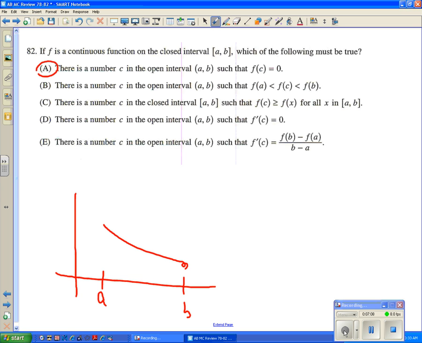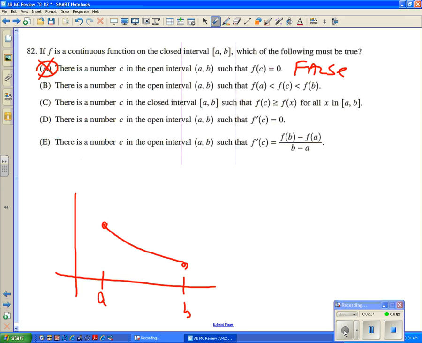I mean, here's A and B drawn for A as a possibility, and it never goes to 0 at any point between A and B. So A is totally false. It doesn't have to be true.